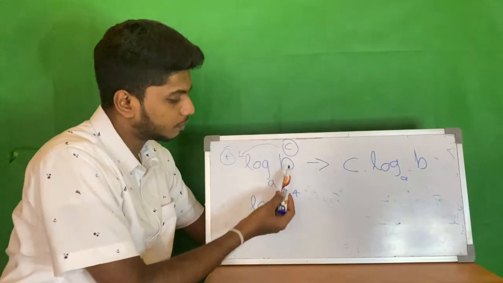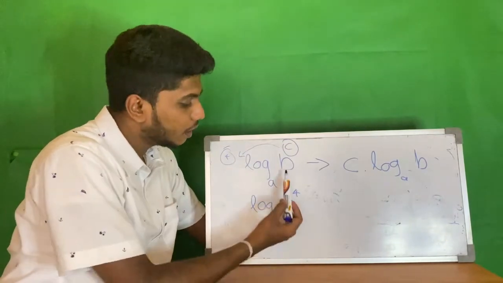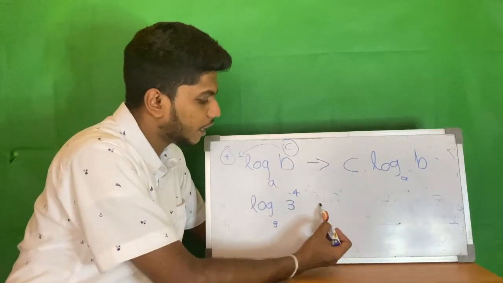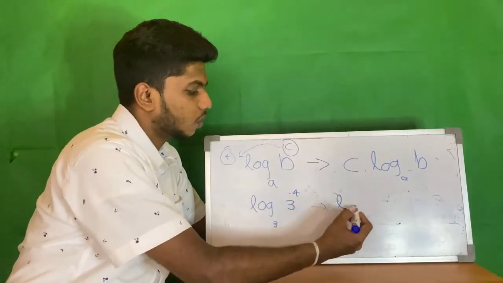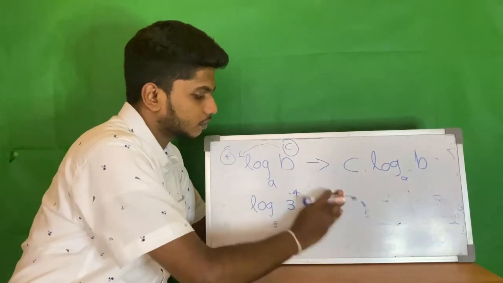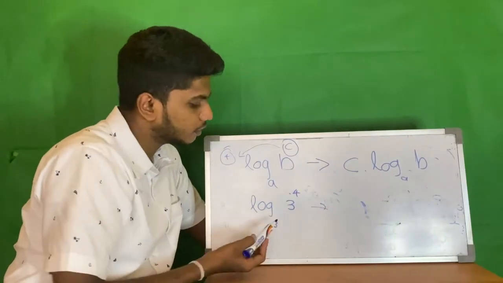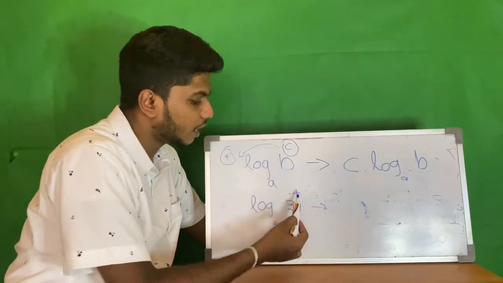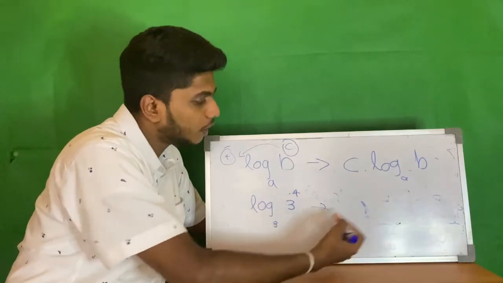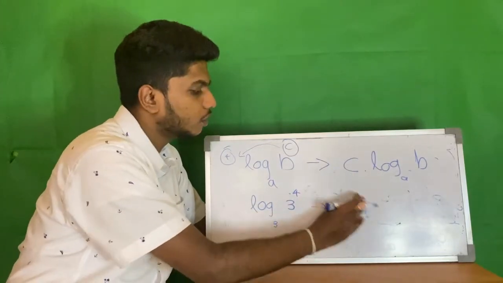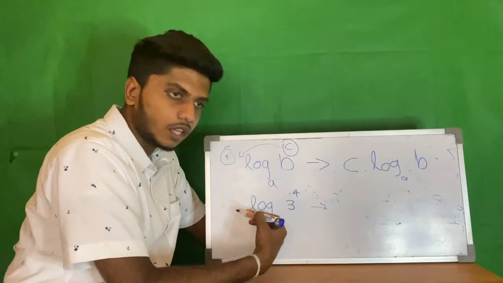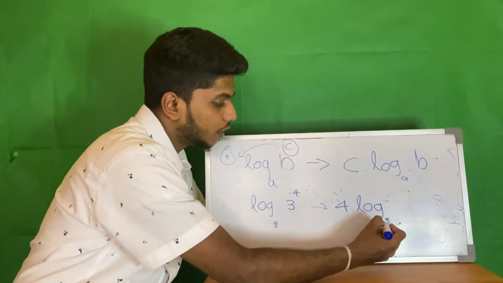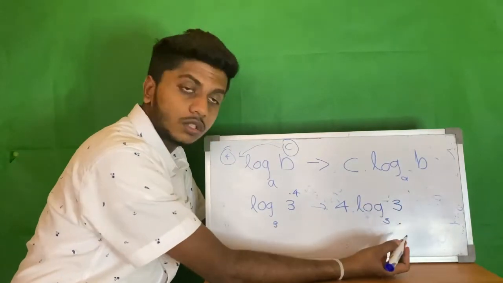If you substitute a as 3, b as 3 and c as 4, you can take the 4 up front: 4 times log base 3 of 3.